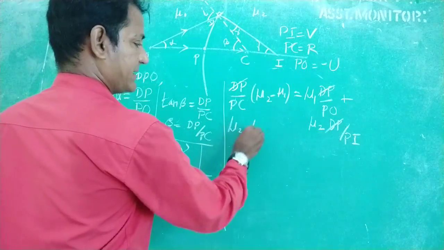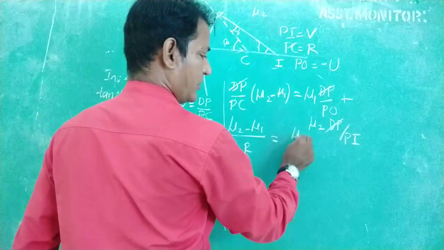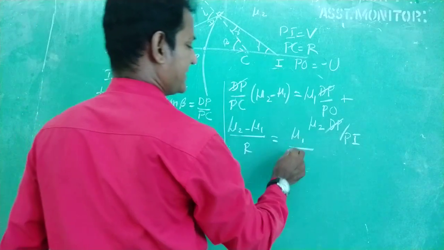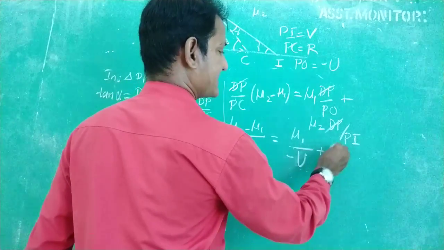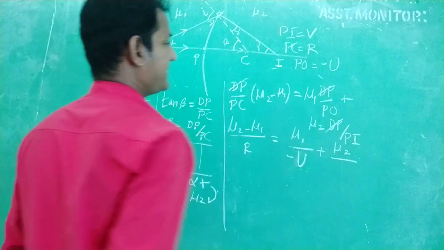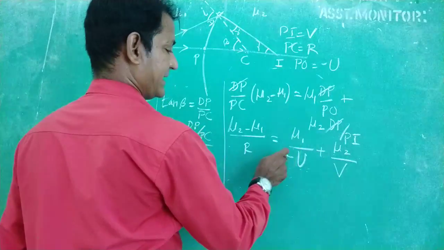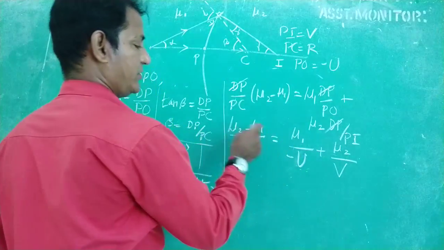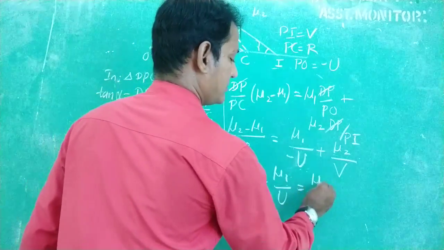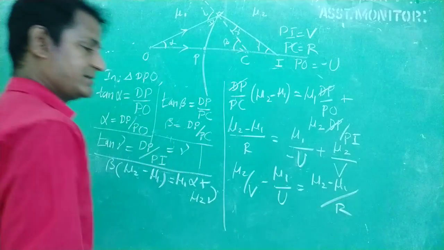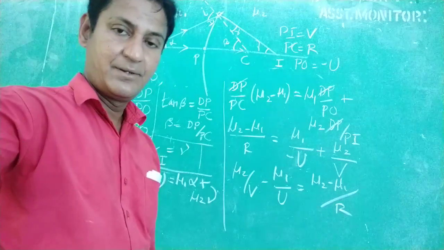So (mu2 minus mu1) by PC, that is R, is equal to mu1 by PO, and PO is minus U, plus mu2 by PI, that is V. So mu2 by V minus mu1 by U is equal to (mu2 minus mu1) by R. This is the general equation for refraction at spherical surfaces. I think we have understood. Thank you.